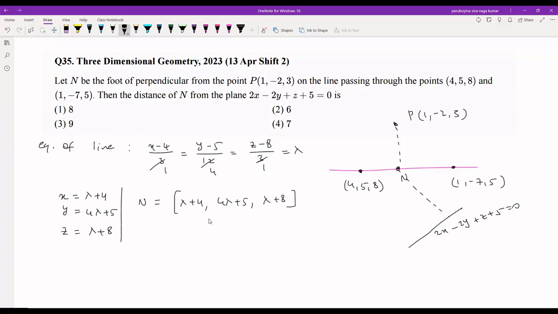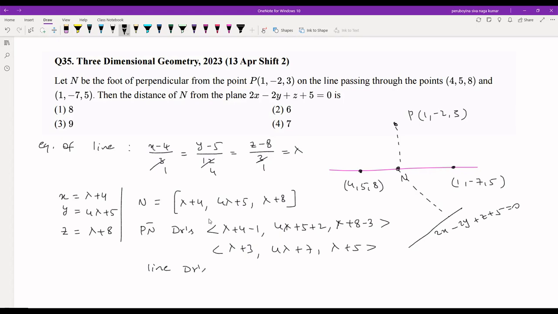And calculate PN bar DRs. Lambda plus 4 minus 1, 4 lambda plus 5 plus 2, lambda plus 8 minus 3. So lambda plus 3, 4 lambda plus 7, lambda plus 5. So these are the DRs of this line, and the line DRs also we have: 1, 4, 1.